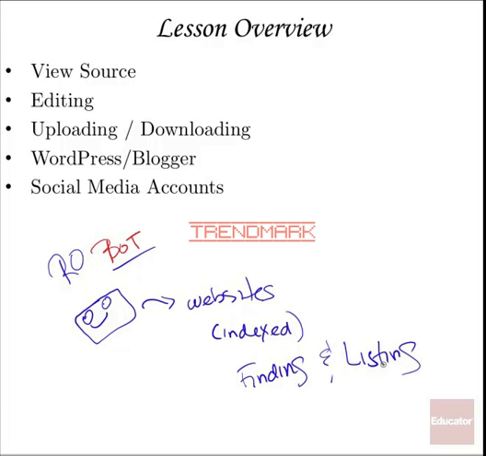What these bots do is that they look at the code. They're programmed to make sure that the code is done correctly. And that's what view source is. With view source, we look at the code, and then we can make adjustments to the code, whether it's good enough or maybe we want to leave it alone.